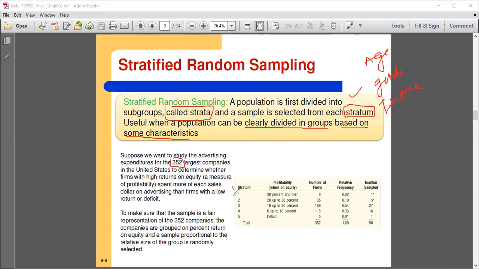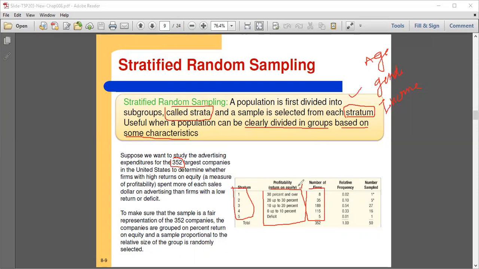So there are strata given 1 to 5, and then profitability. So the level of return on equity is also given, and the number of firms are listed here based on their return on equity.